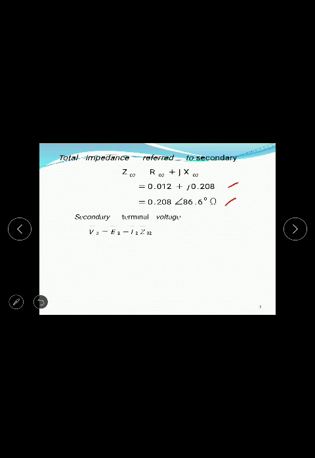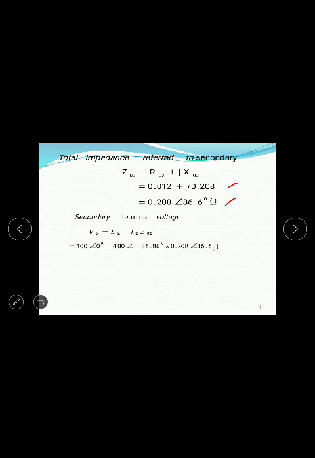The secondary terminal voltage V2, that means the load voltage, is equal to E2 minus I2 into Z02.